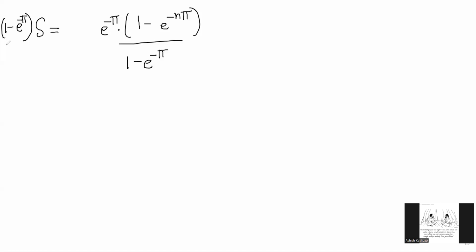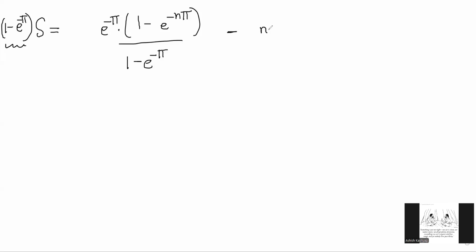S will be equal to, so what is the summation of our GP? The first term was e power minus pi. There were n terms there. So 1 minus e power minus n pi divided by the common ratio 1 minus e power minus pi. But remember that there was a 1 minus e power minus pi here also, so later we'll divide by this.